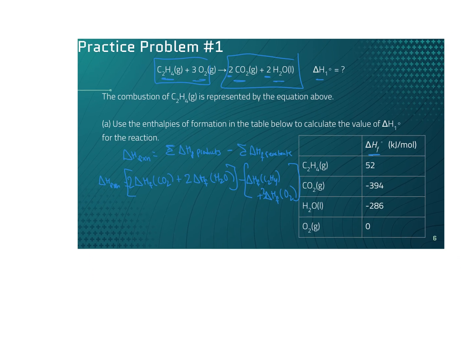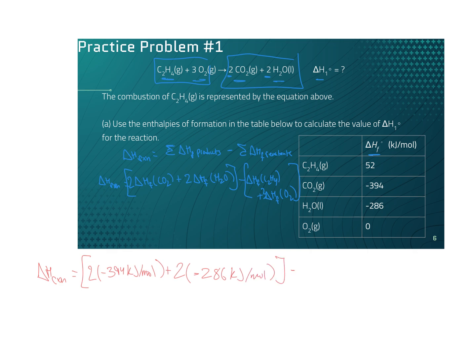So I'm going to do it down here in this little white space. Delta H of the reaction is going to equal, I'll do my bracket, 2 times negative 394 kilojoules per mole, plus I have 2 times H2O, which is negative 286 kilojoules per mole.